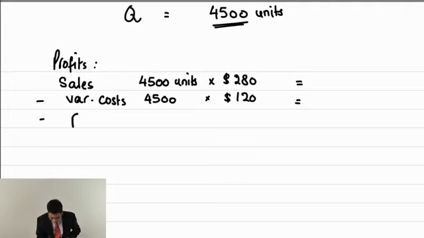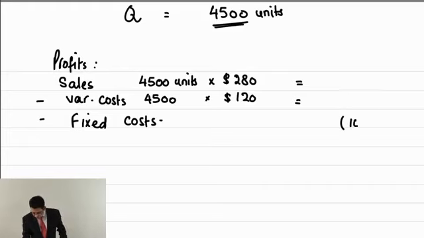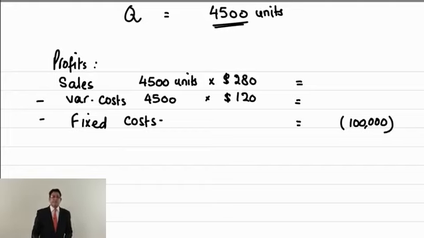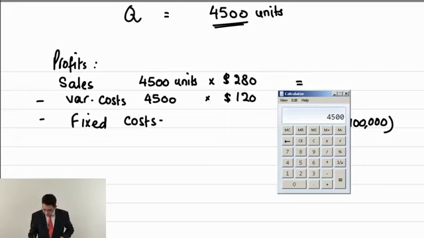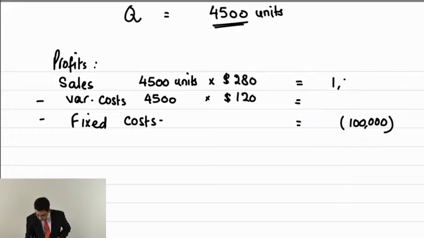and minus fixed costs, which will be $100,000, because fixed cost will not change whether we produce slightly more or slightly less number of units. So let's find out: 4,500 into 280, which is $1,260,000.